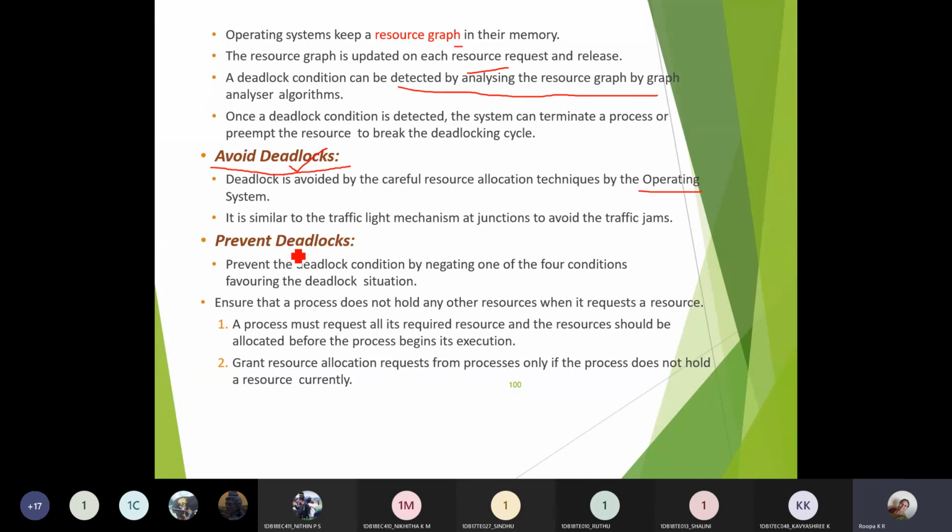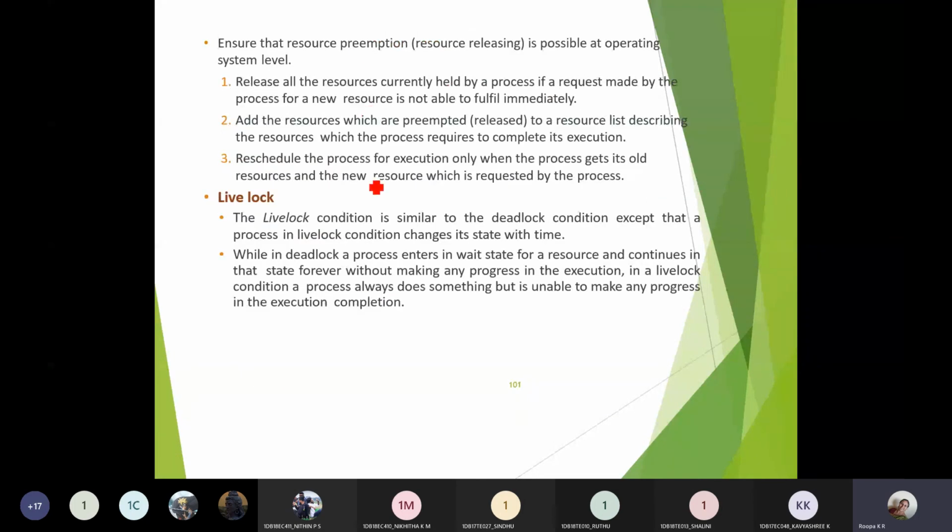Next, prevent deadlocks. Prevent the deadlock condition by neglecting one of the four conditions which we have here. These are the four different conditions we have.